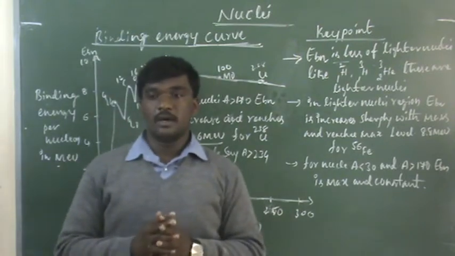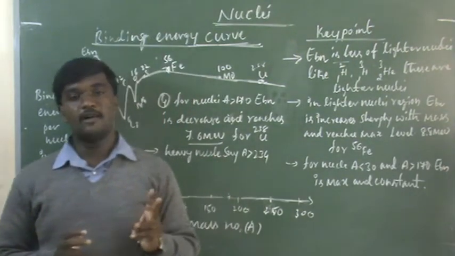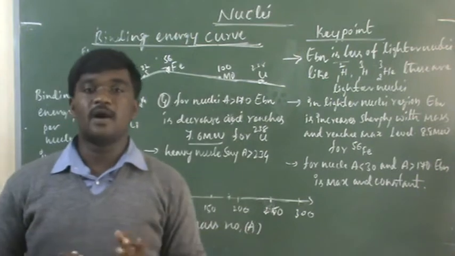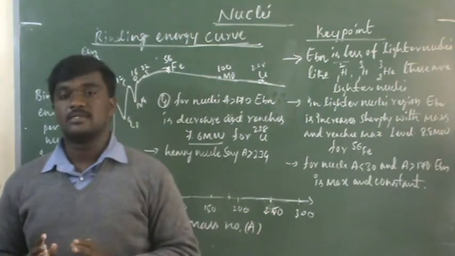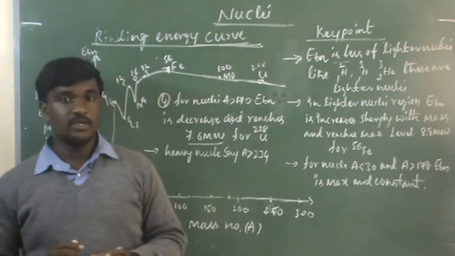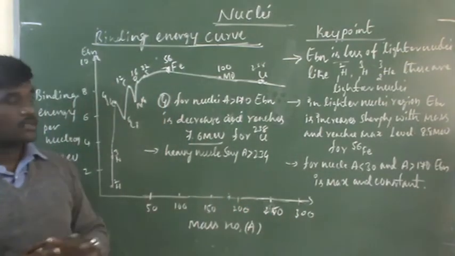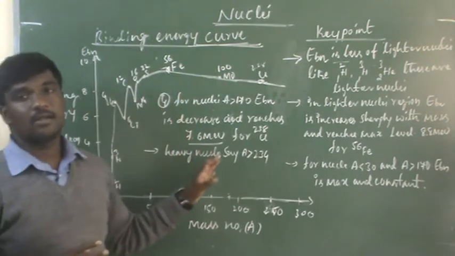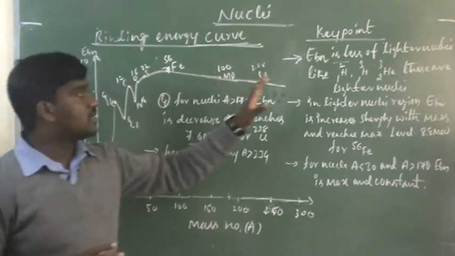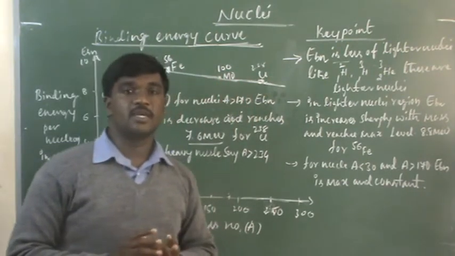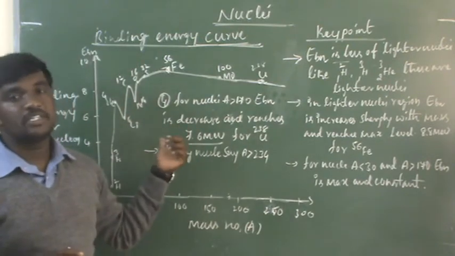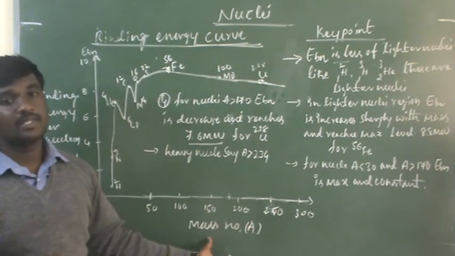Fusion means adding two lighter nuclei to form a heavy nucleus. So that is nuclear fusion. In this process also energy is released. So clear? Can we quickly recall all those points? First, the nuclear binding energy means the binding energy per nucleon versus mass number.